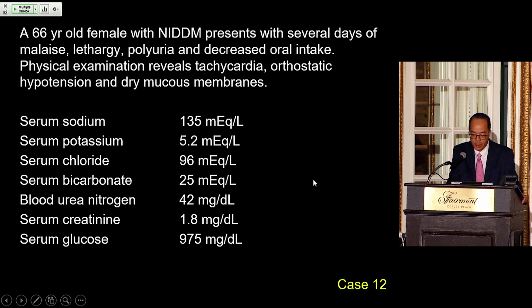Okay, a 66-year-old female with non-insulin dependent diabetes presents with several days of malaise, lethargy, polyuria, and decreased oral intake. And on exam, she looks dry, and her potassium is 5.2, bicarb is 25, creatinine is 1.8, serum glucose is 975.